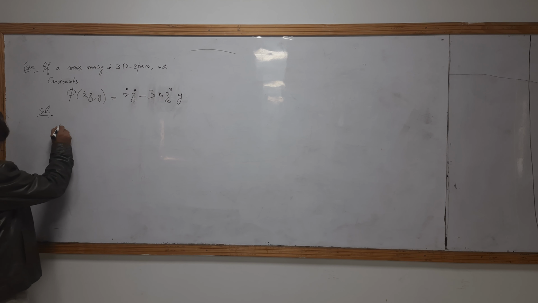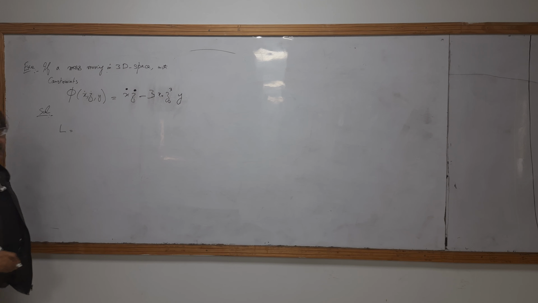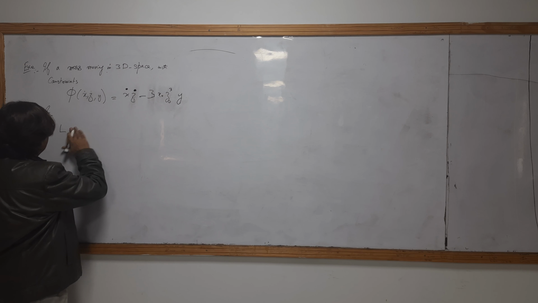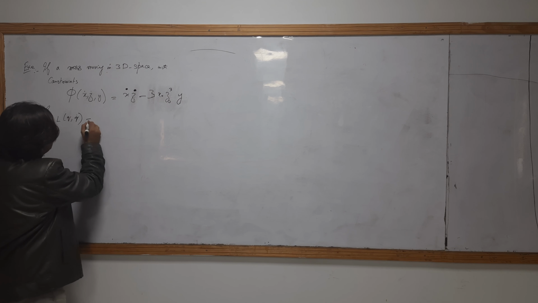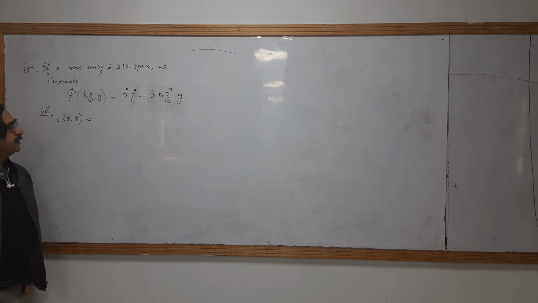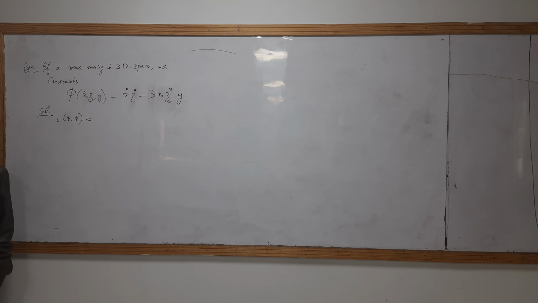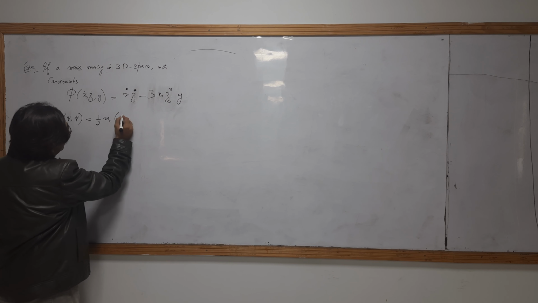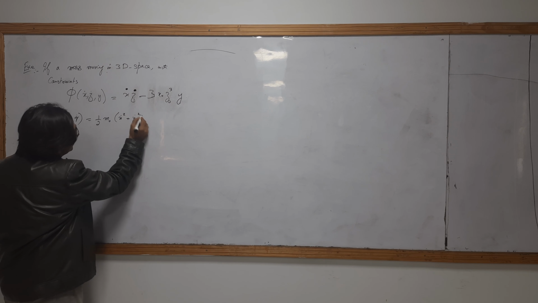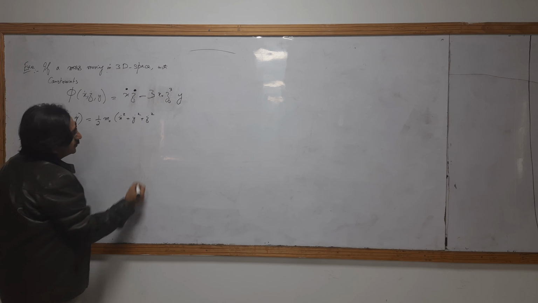For undergraduate level, the Lagrangian will be kinetic energy minus potential energy. That will be Lagrangian, a function of q and q dot. So that will be in three dimensions. That will be 1/2 mv square, 1/2 m times x dot square plus y dot square plus z dot square.